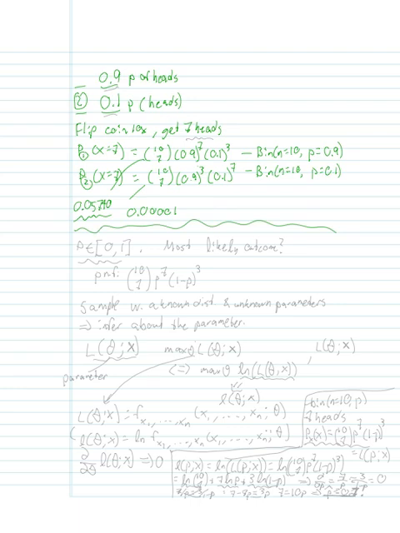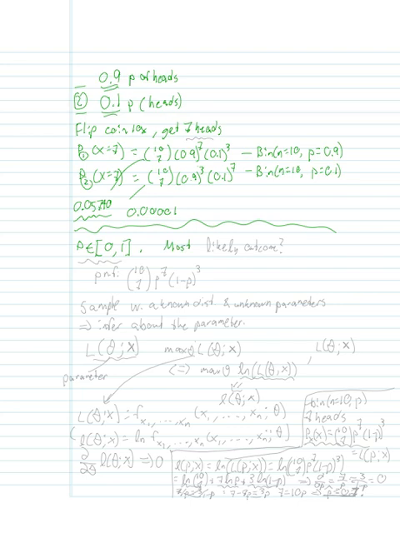So generalizing this very simple example a little bit, what if instead of knowing that p is either 0.9 or 0.1, we have that p is some number from 0 to 1, because these are the possible values that the parameter p can hold. And the question is, what is the most likely outcome?